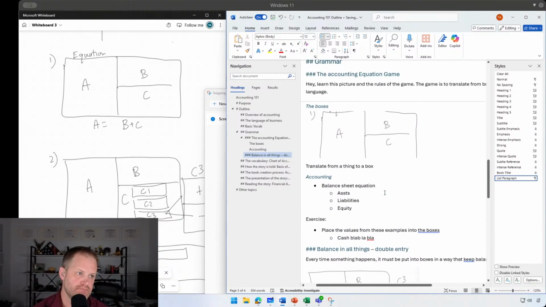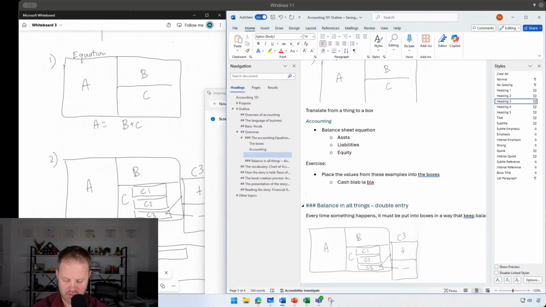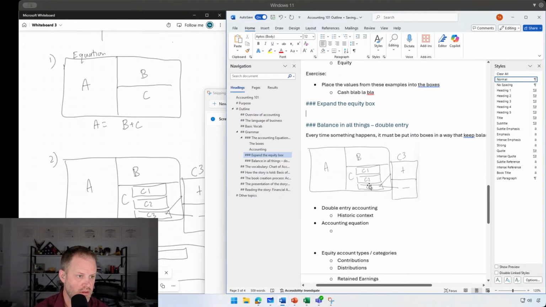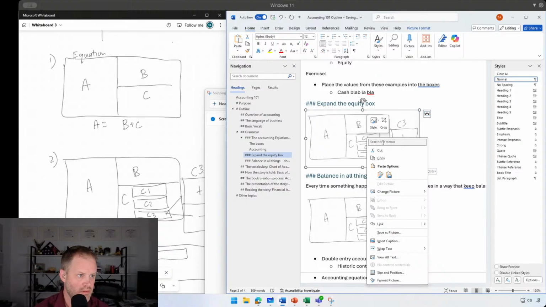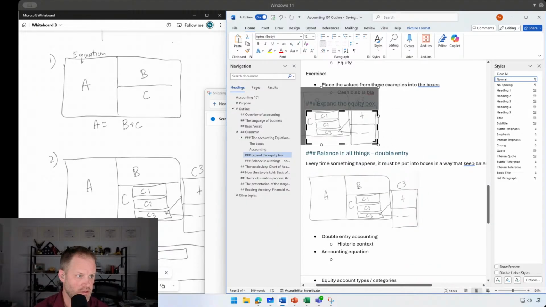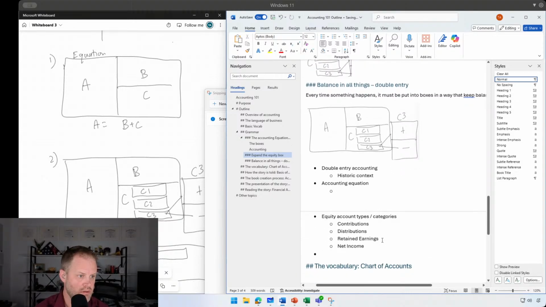I feel like even before this, expand the equity box. So let's focus on the equity box and break it out.